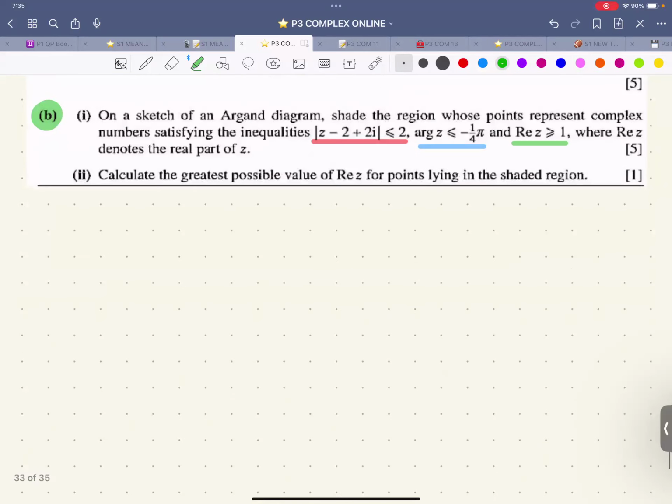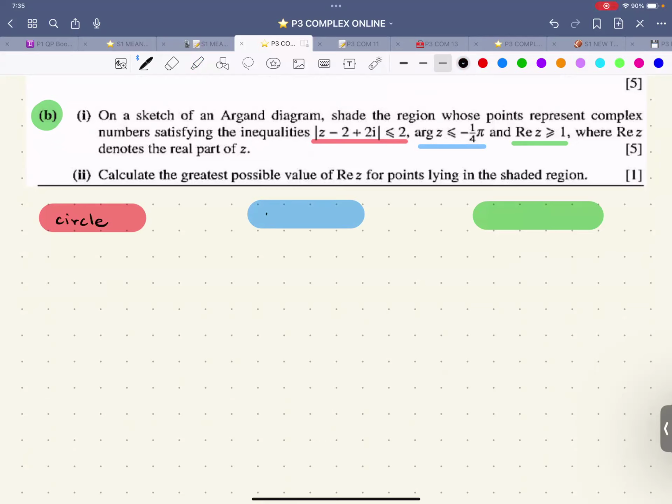So now, first of all, when we talk about the red part, what are we talking about? I'll just emphasize on that, the second part, and then the third part. Now, the first part is a circle. The second one is a half line. So recognition is half the job done.